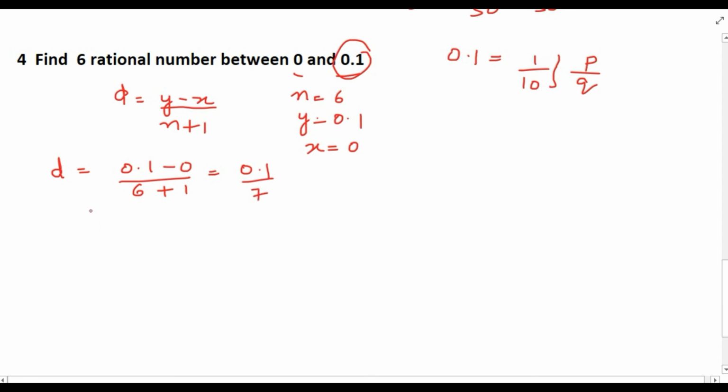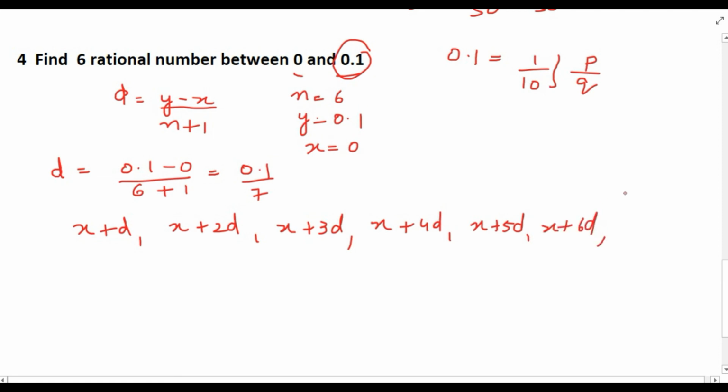So the required rational numbers are x plus d, x plus 2d, x plus 3d, x plus 4d, x plus 5d, x plus 6d, and x plus 7d.